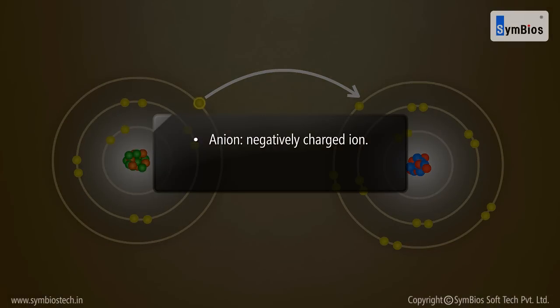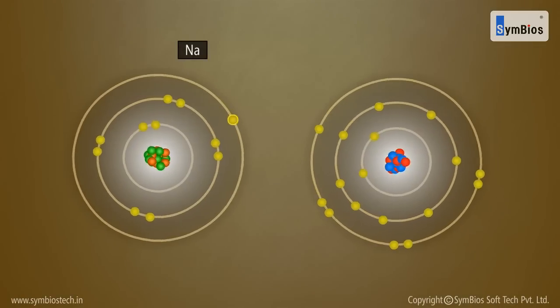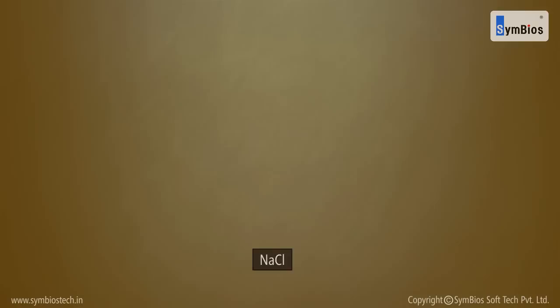Anion, negatively charged ion. Cation, positively charged ion. You will see that sodium gives an electron to form Na+, and chlorine accepts the electron to form Cl-, thus forming sodium chloride, which is an ionic compound.